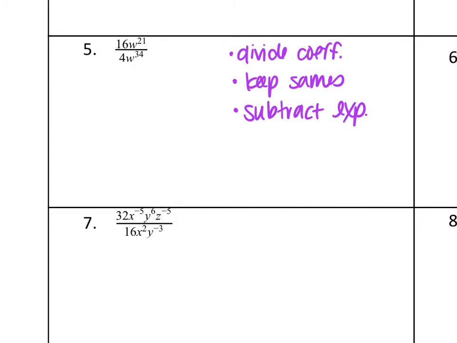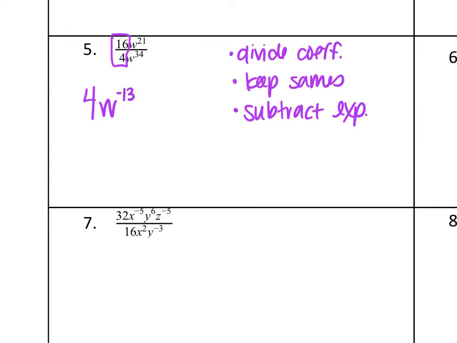So division, you subtract the exponents. If I divide the coefficients, if it's going to come out to an even whole number, 16 divided by 4 is 4. And then I have w to the 21st over w to the 34th. So 21 minus 34 is negative 13.